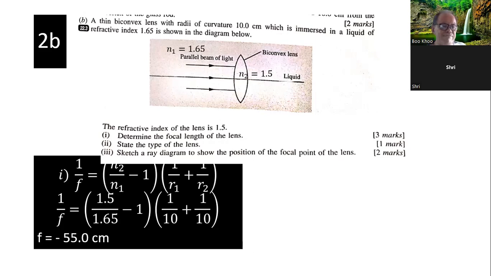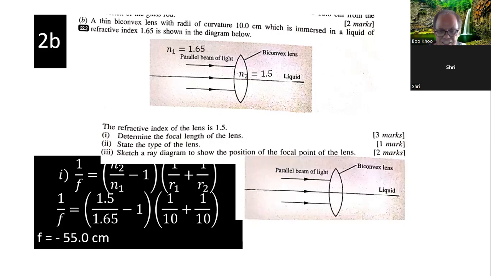Okay, negative 55. Good. So what does it tell you? Negative 55, because it's convex, right, sir? No, negative means it's concave, diverging.